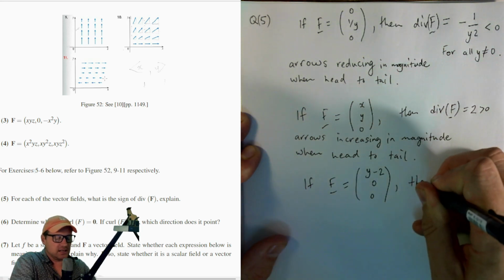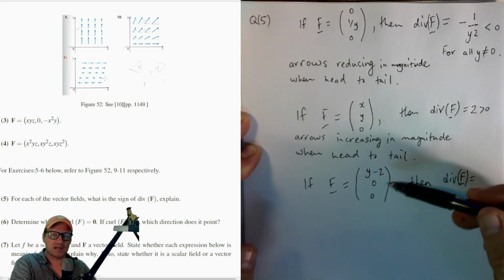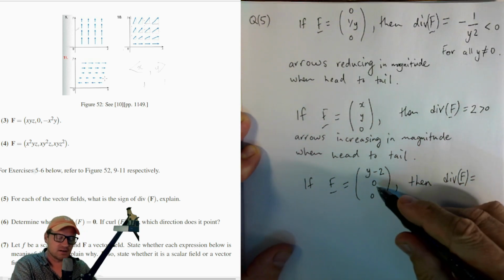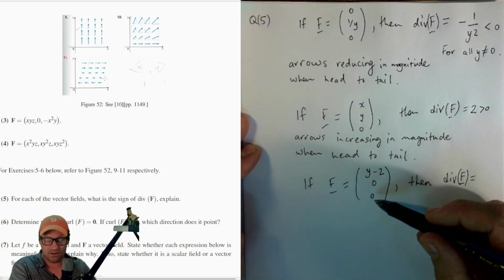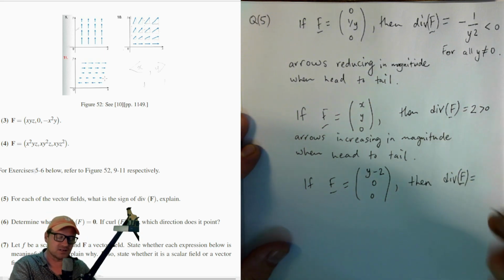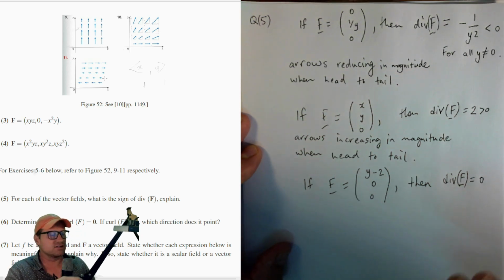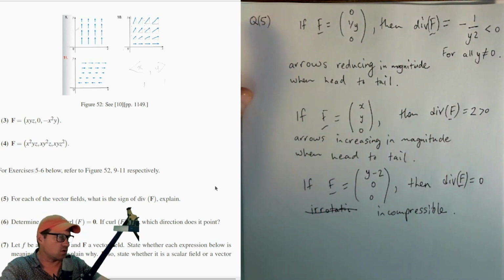So let's calculate div in this case. Differentiating y minus 2 with respect to x partially gives 0. Differentiating 0 with respect to y partially gives 0, and differentiating 0 with respect to z partially gives 0. The sum of those is 0. Okay, now there's a word for this. It's incompressible.